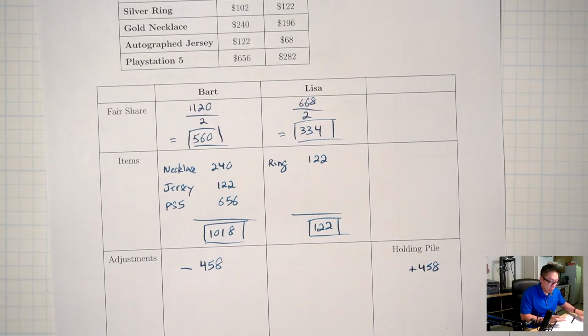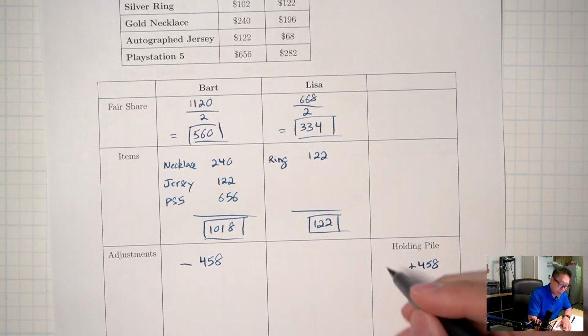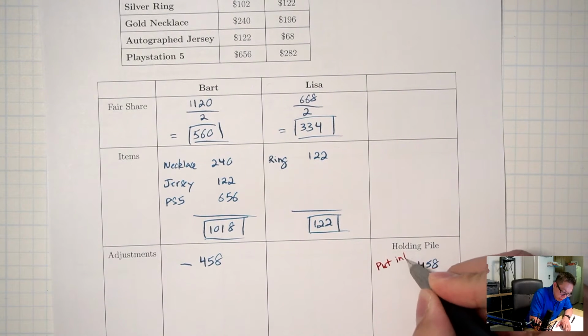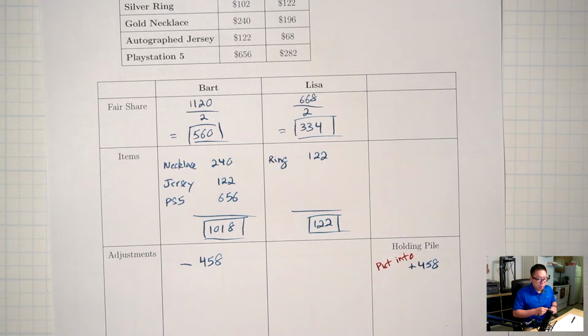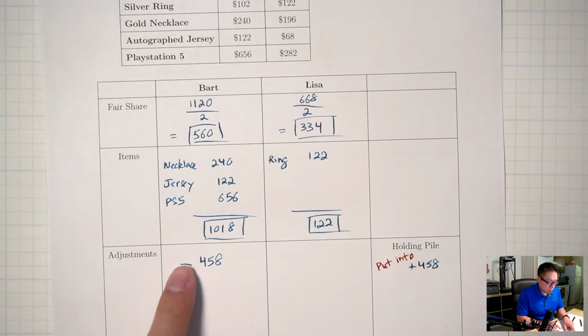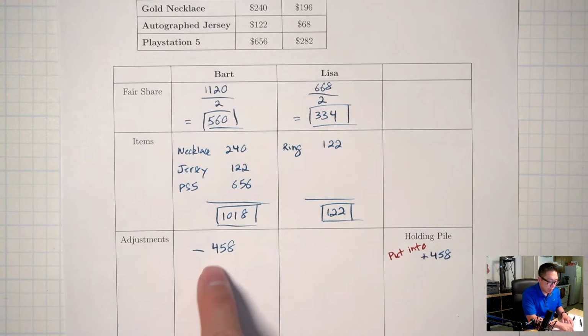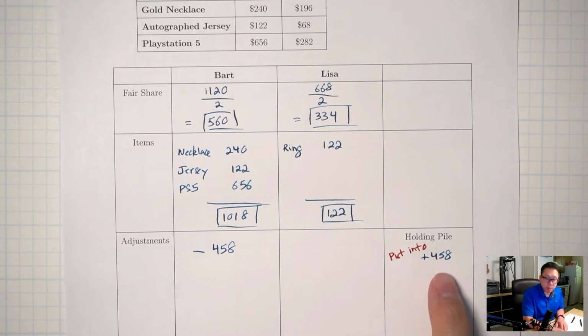And what that means is that we're putting into the holding pile. So I'll write put into. So a hint here is that whatever sign you have here in the holding pile is going to be the opposite sign. Right? So we're taking $458 away from Bart and putting it into the holding pile. So it's going to appear as a plus.